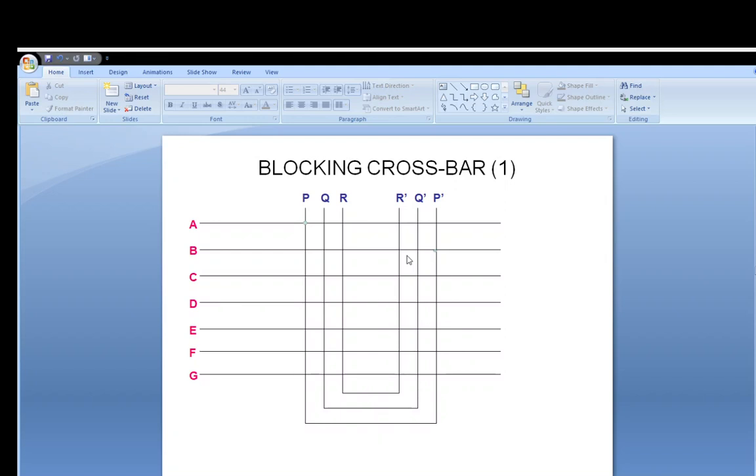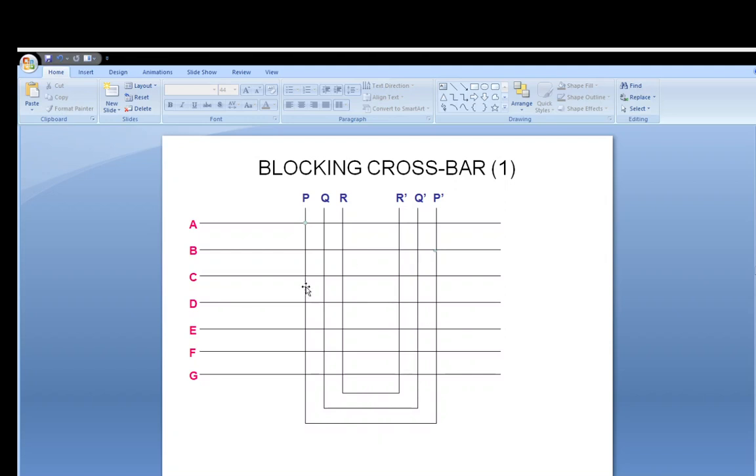But now, after developing this type of switching system, the next motive, the next plan, was to reduce the cost, or we can say to increase the efficient use of the switching design.